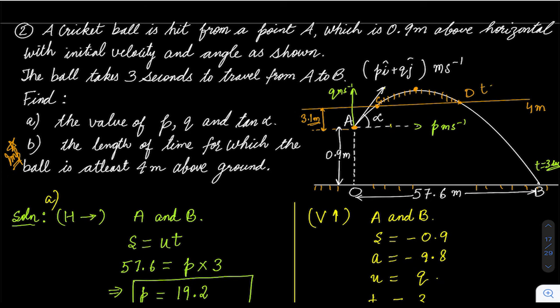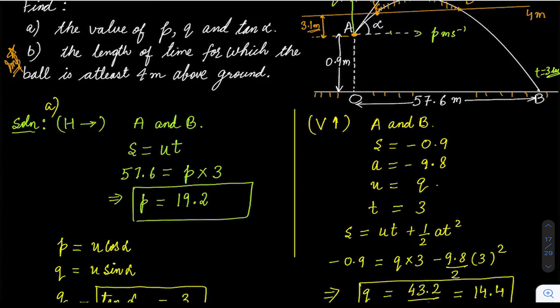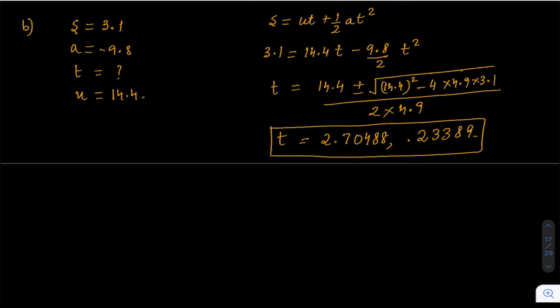So what's my second time? The time at D is coming out to be 2.70488, and the time at C is coming out to be 0.2389. So what do we do to find the time it takes from C to D? It will be the difference of these, so let's just subtract them.